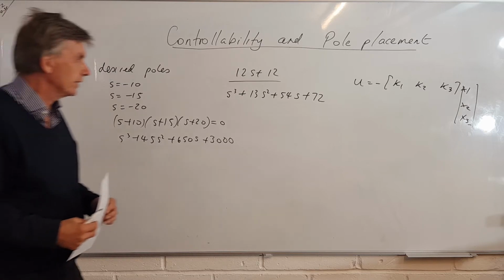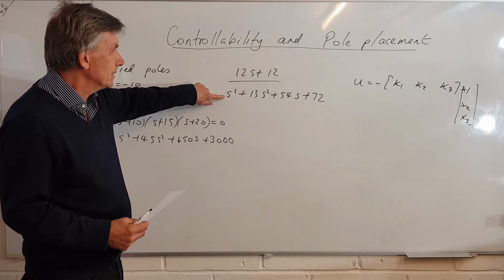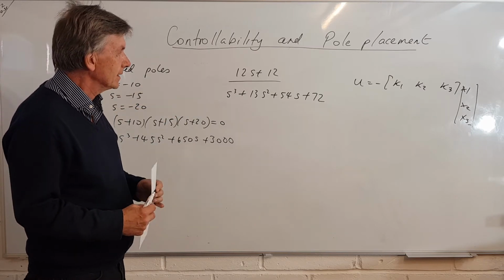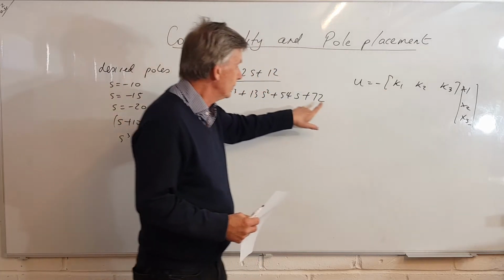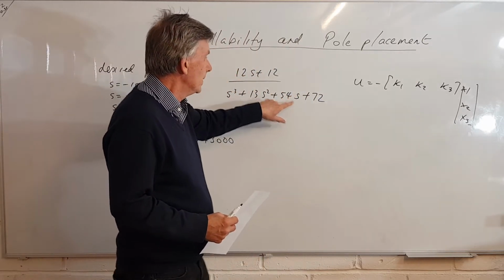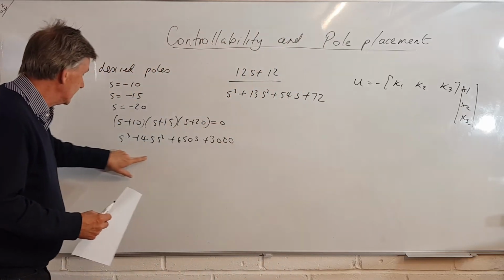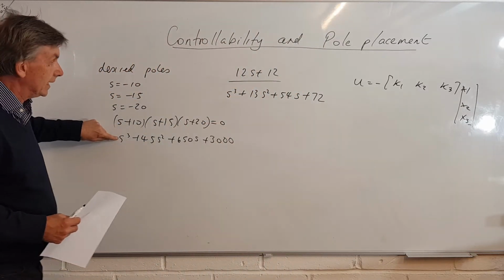This is quite straightforward. We can go straight to this equation really. And what happens is when we do the state space analysis, the K1 adds in with the first term here, the K2 with the second term, and the K3 with the third term. So this is the desired behaviour.